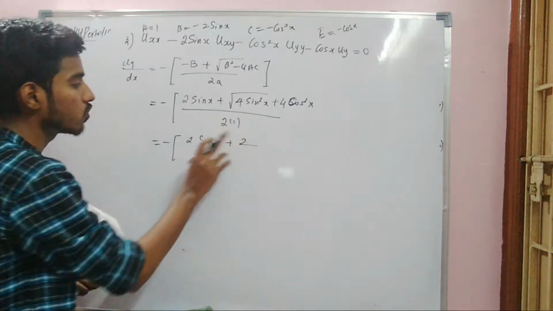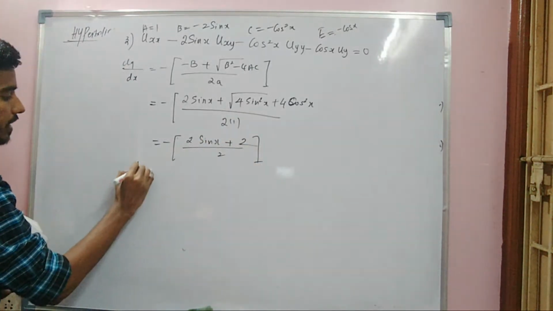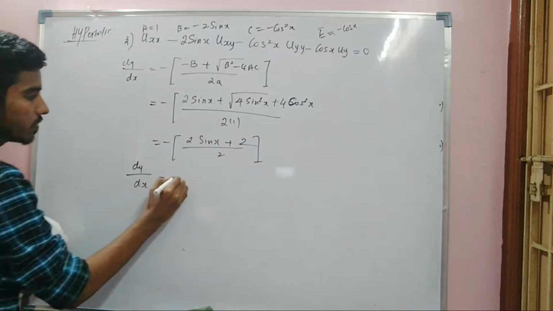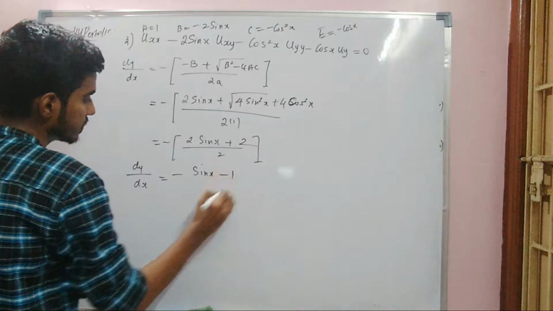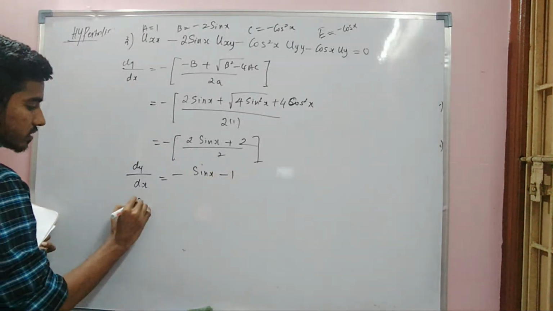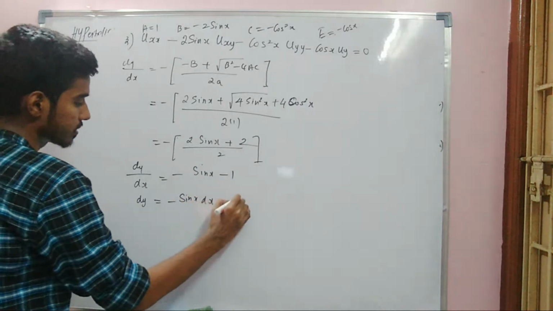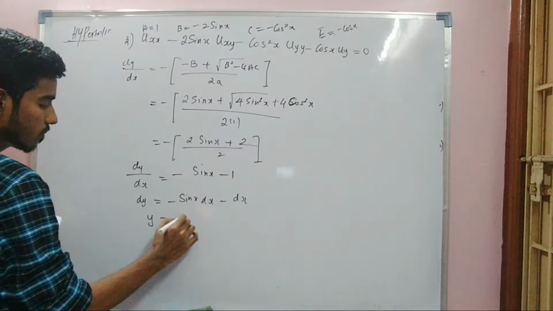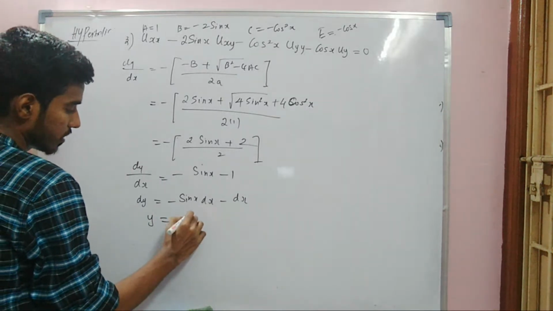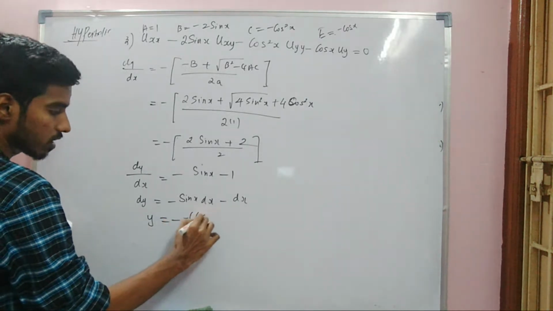So if I take root of 4, it will be 2 divided by 2. If I take 2 outside and cancel, we will have minus sin x minus 1. That means dy is equal to minus sin x dx minus dx. By integrating this, we will have y is equal to minus the integration of sin x, which is minus cos x.